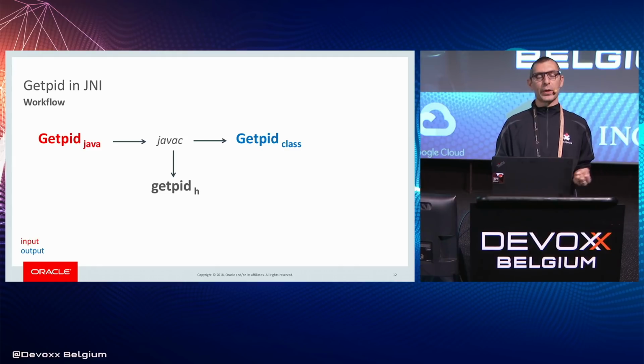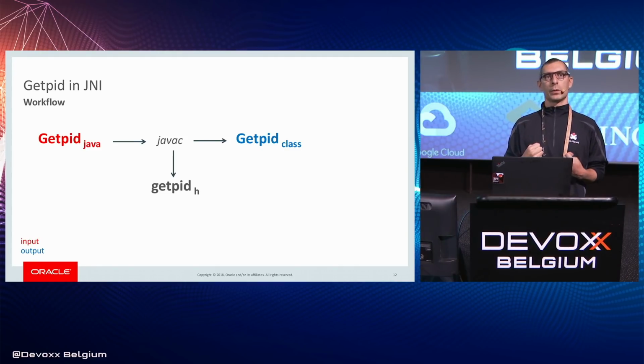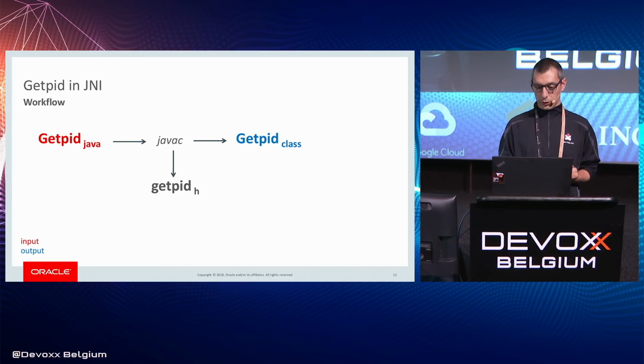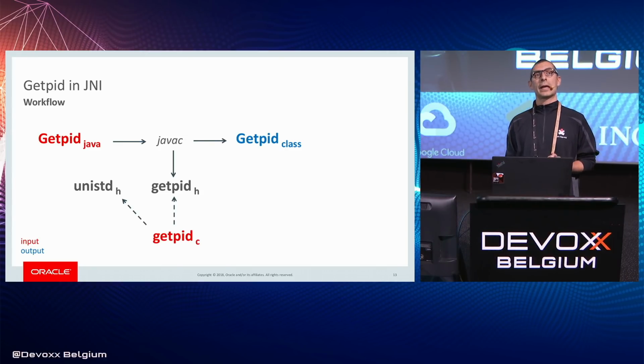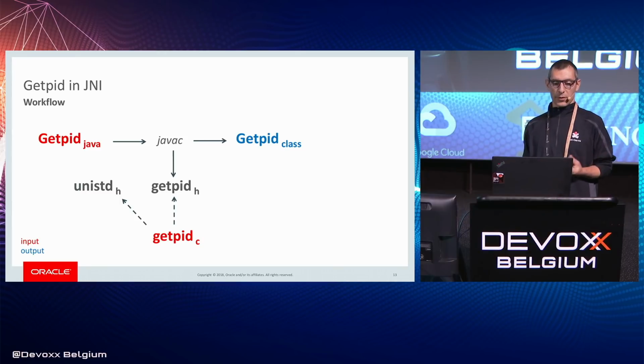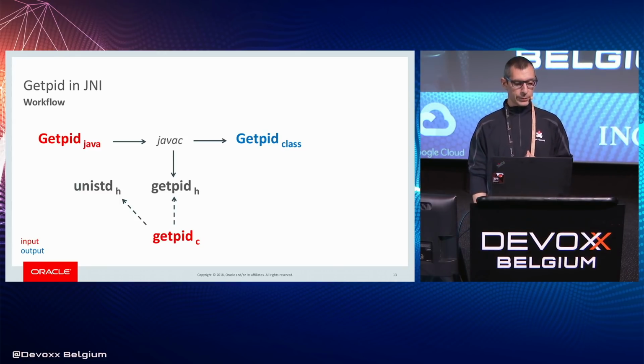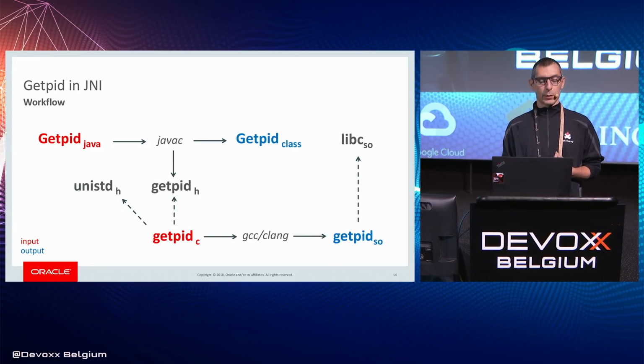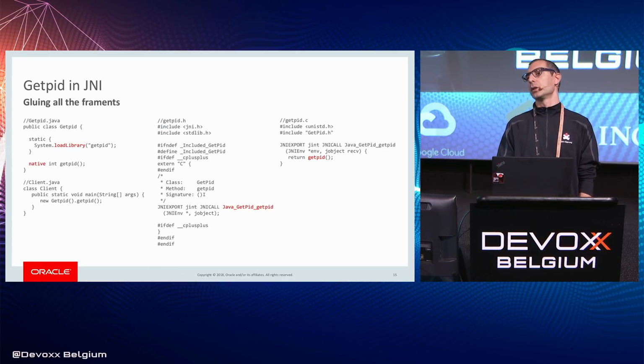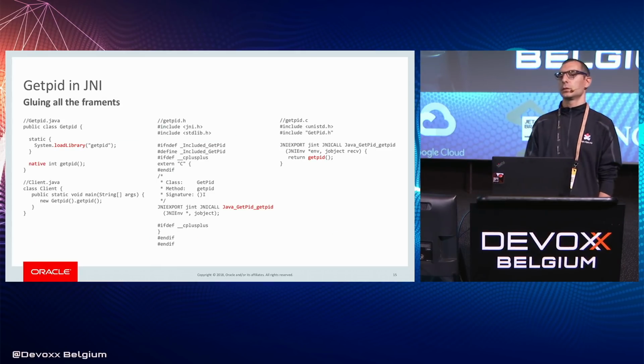Well, the header file contains the entry point that the VM looks for whenever you call your native method. So you need to implement this header. You need to provide your own native implementation. And then you have to compile everything with your favorite compiler of choice, GCC, Clang, Visual Studio, and produce a shared library.